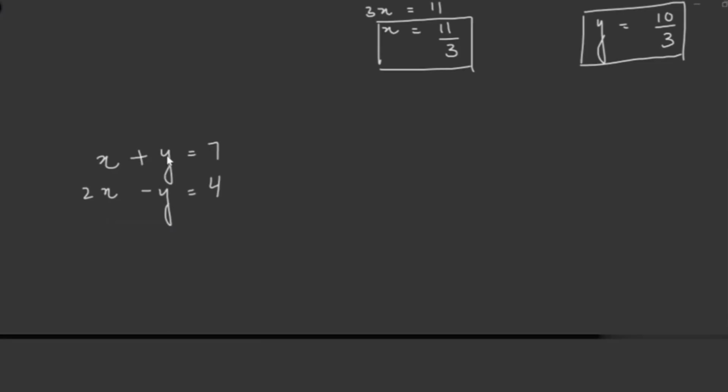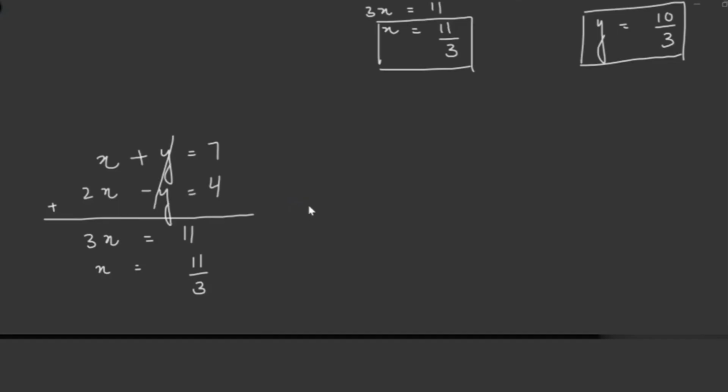So here, since our coefficient of y is same and their signs are also opposite, we can just add both these equations. We would get 3x, and if we add this would get cut out, and then we get 7 plus 4, then it would be 11, and then you can see that we would get 11 over 3, the same we had calculated from substitution.